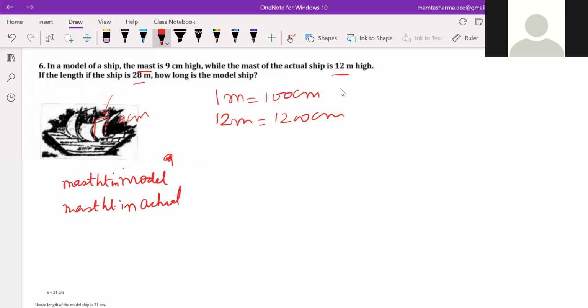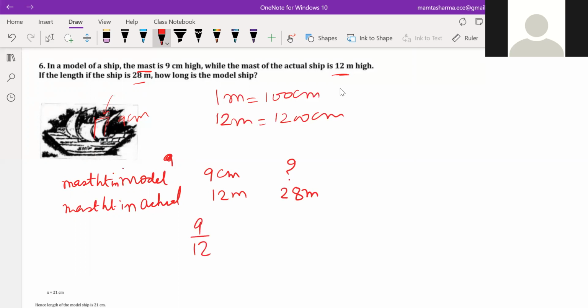Okay, let's see. In the model it is 9 centimeter, while the actual is 12 meter. If the actual length of the ship is 28 meter, then what will be the length in the model? So this is x2.